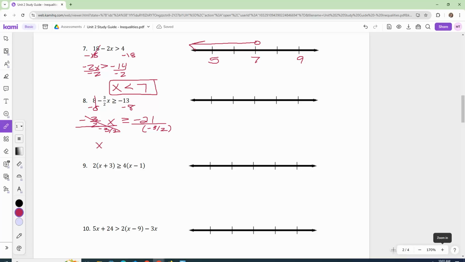Since you divided by a negative, what happens to your inequality? Flips. And this turns out to give us 14. So x is less than or equal to 14. Open or closed circle? And going to the left or right? Less than is to the left.